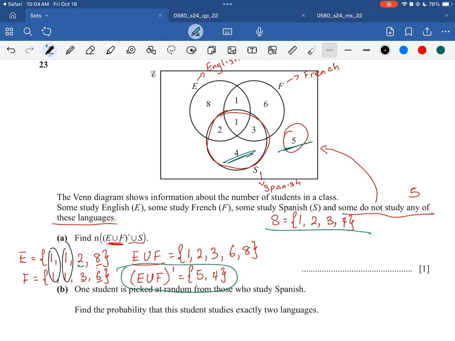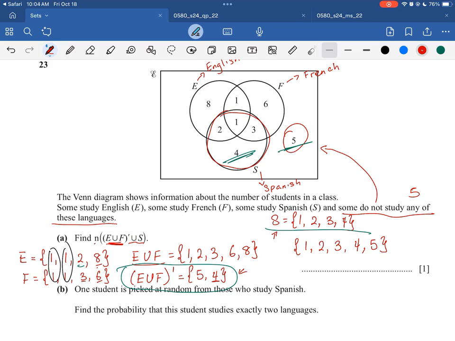Like I said, just join everything together, and only use one of the numbers that repeat. So the union is going to be 1, 2, 3, 4, because you have 1, 2, 3, 4. 4 repeats, so you don't need to write 4 again, and then 5.